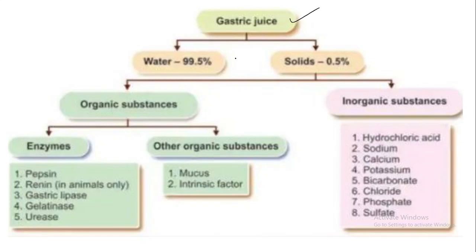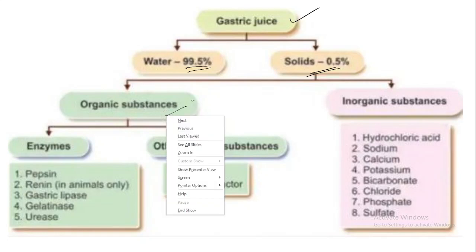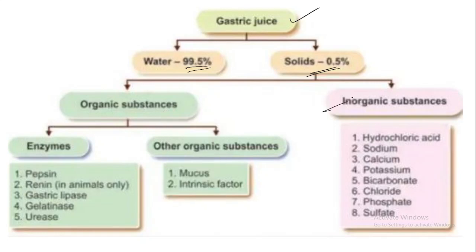Yeah, so gastric juice is mostly water. 99.5% of it is water itself. Solids are 0.5%, and the solids are of two types: organic substances and inorganic substances. Under organic, we have enzymes and other organic substances.